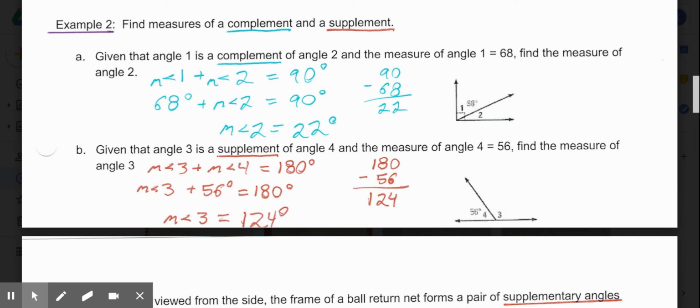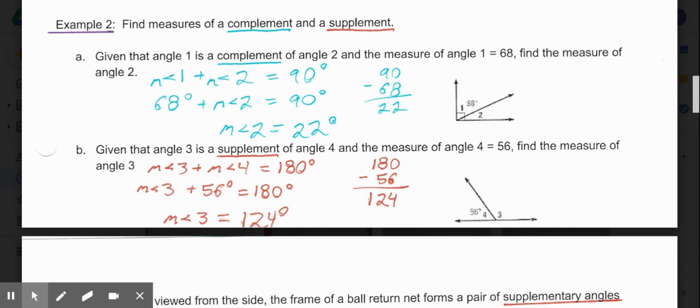Then in part B, dealing with the supplement, meaning supplementary angles, so they add to be 180 degrees. So we know the measure of angle 3 and 4 add to be 180. They gave us the measure of angle 4 being 56 degrees. They want us to find the supplement of angle 3.